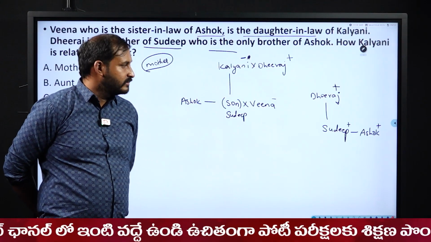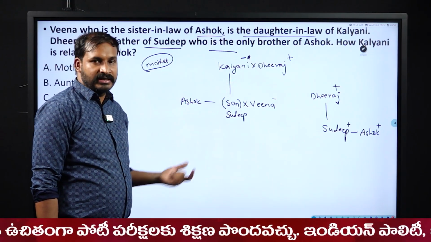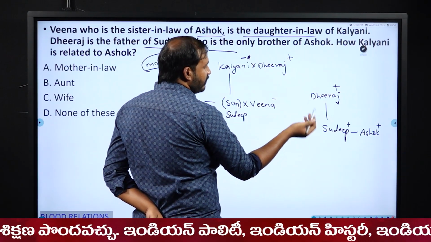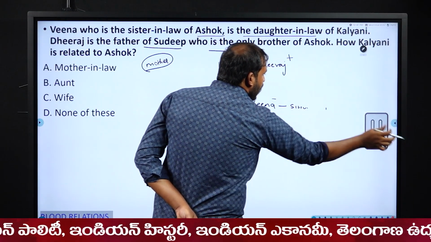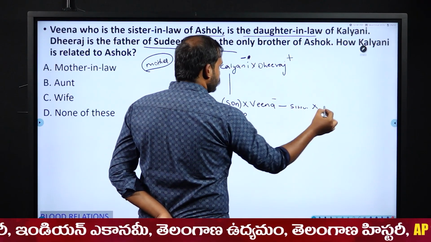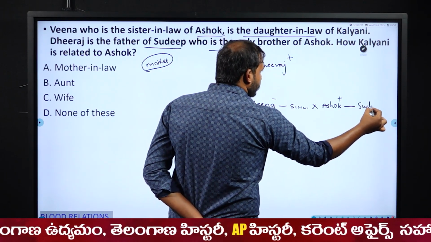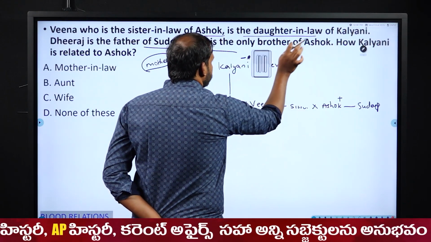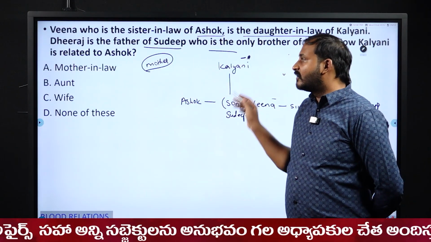As we discussed earlier, if Veena has a sister, and her husband is our Ashok, and Ashok's brother is Sudeep. Now, this Dheeraj will not be there here, and we don't know the gender of Kalyani also, but it becomes very lengthy, right? Many unknown things are there.